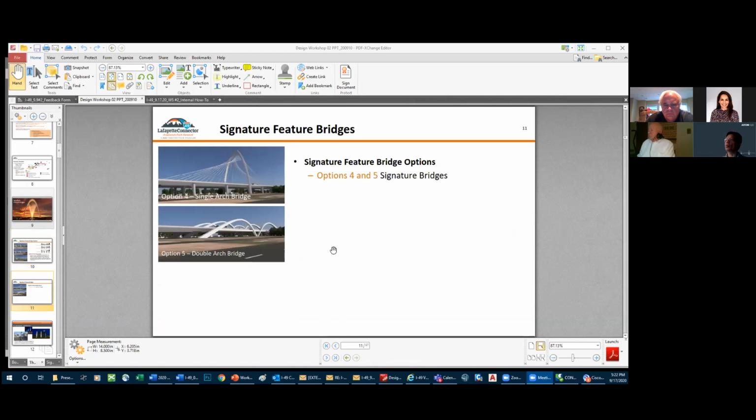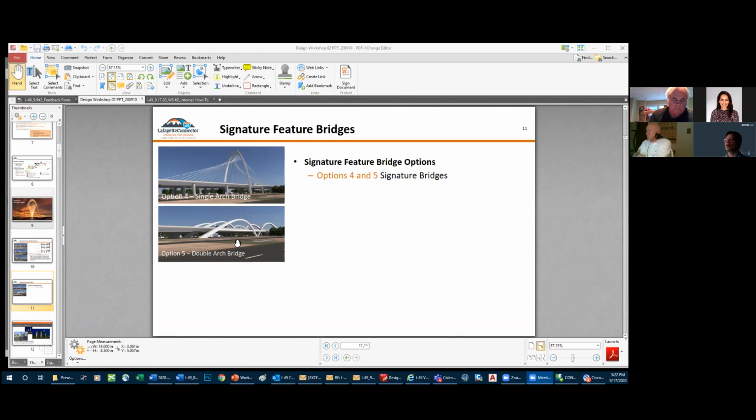And these are the two options, which we call single arch or the double arch, that actually carry the structure themselves as well. As a result of the structural capability of these two options, some of the interior columns in option number 4 are actually eliminated. For option number 5, the double arch, there will be no column underneath the two arches for the full width of the viaduct.